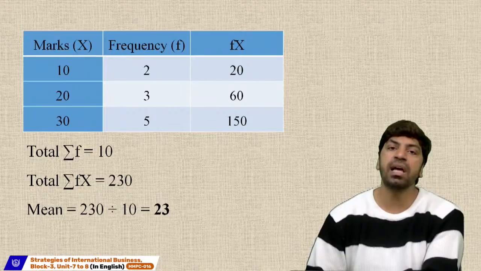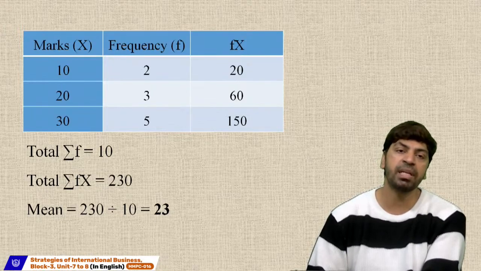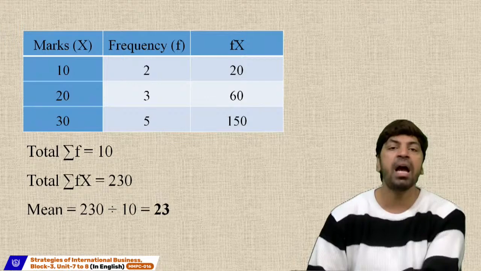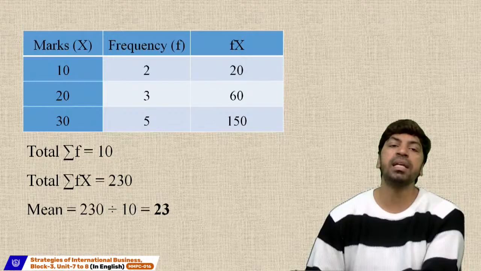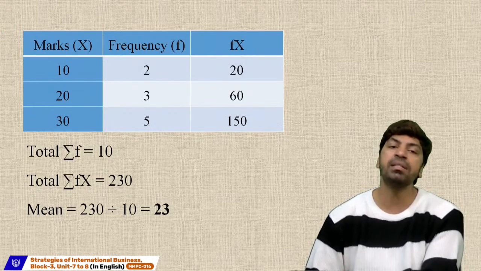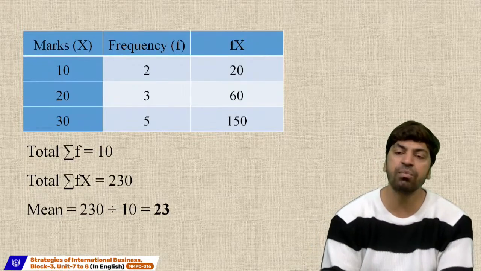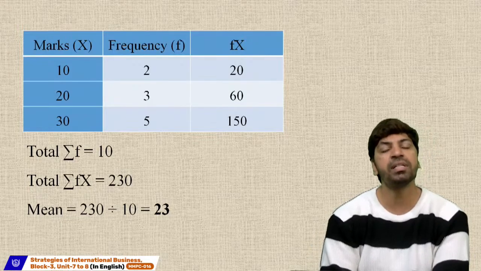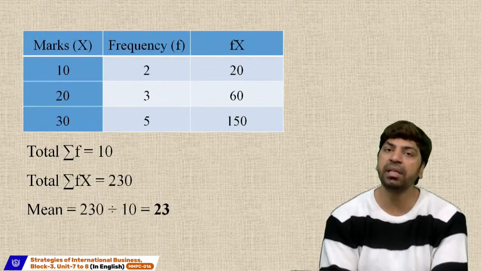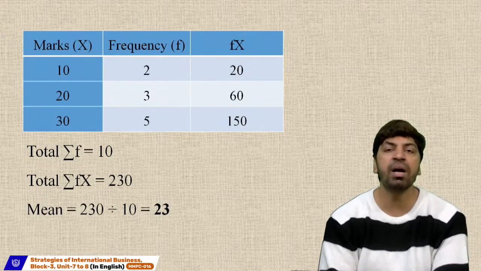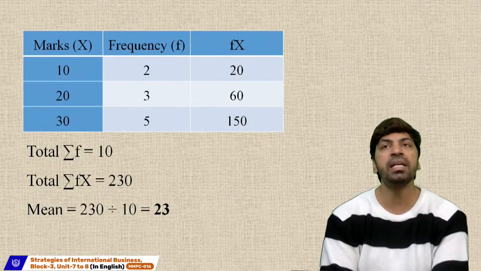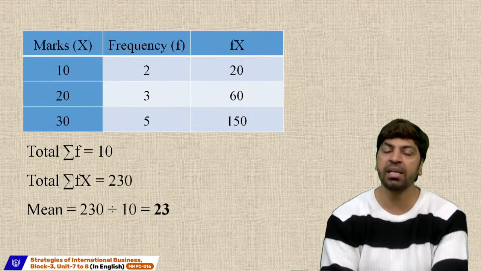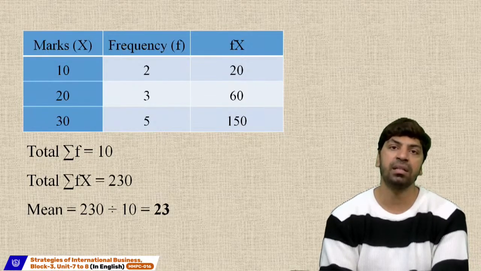This is an example where the marks are given as 10, 20, 30, with frequencies, and we calculate the mean as sigma fx by sigma f. This is how the mean is calculated in a discrete series. Sigma fx is 230 and sigma f is 10. So 230 divided by 10, we can easily calculate the mean, which is equal to 23.